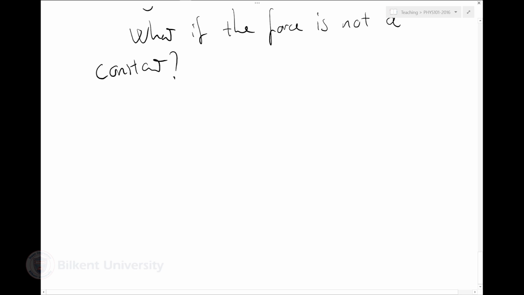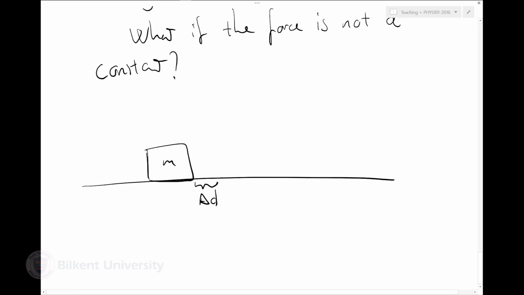I'll say, hey, during this evolution, when my mass has moved by a very small distance, delta d, and a force F was acting on it, a moment later, let me be more clear. So this is delta d.